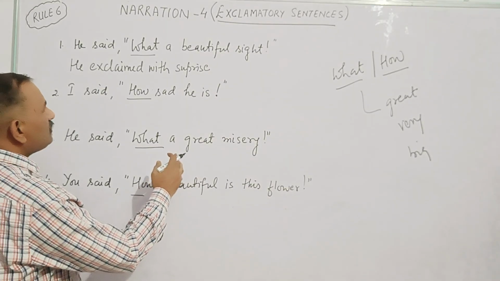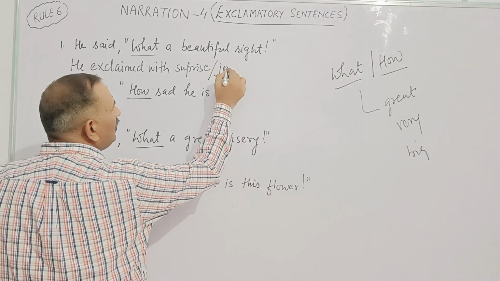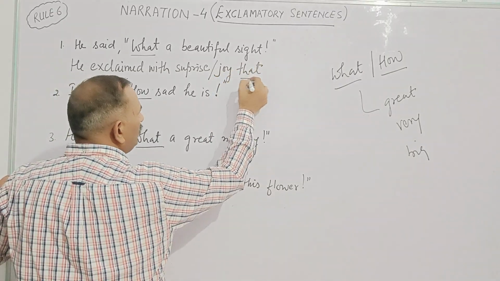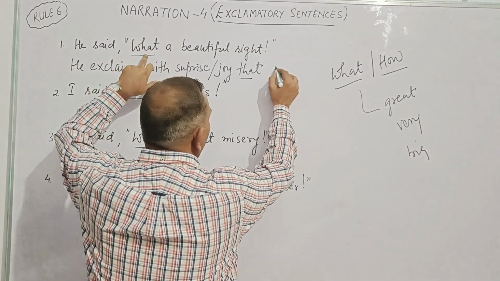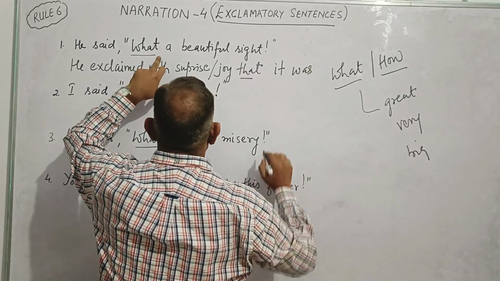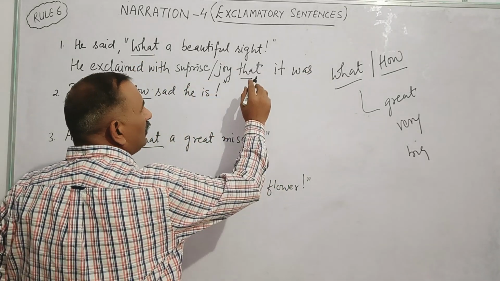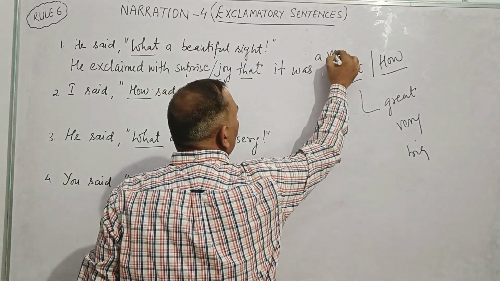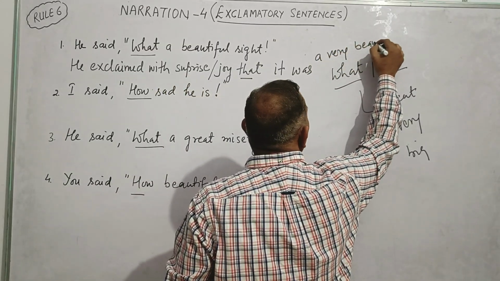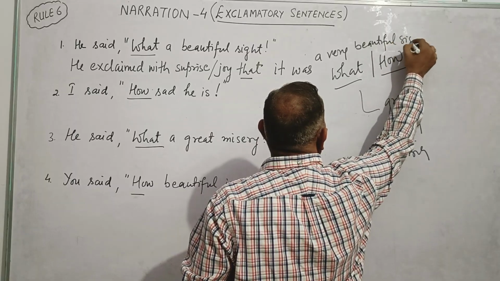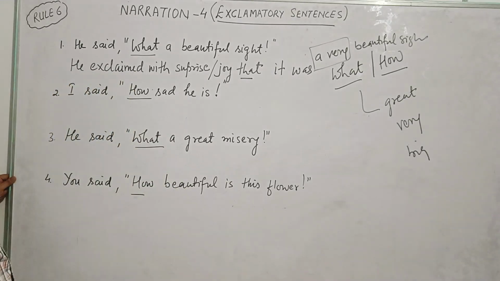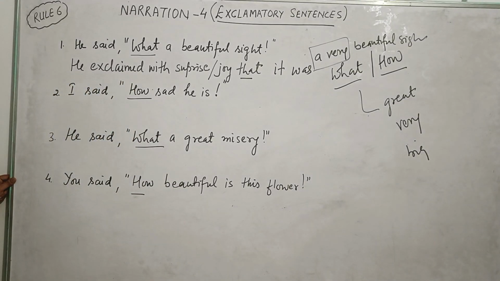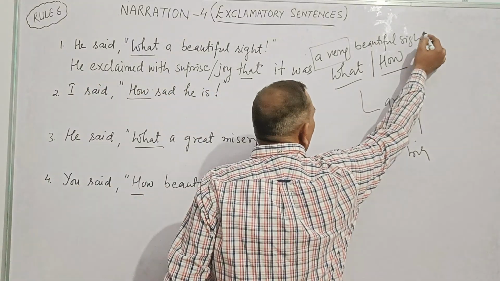He is surprised, or you can use the word he exclaimed with joy, that it was a very beautiful sight. Got it? We have used very. So he exclaimed that it was a beautiful sight, it was a very beautiful sight.